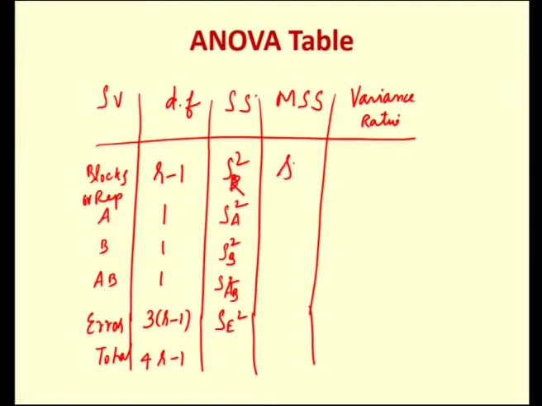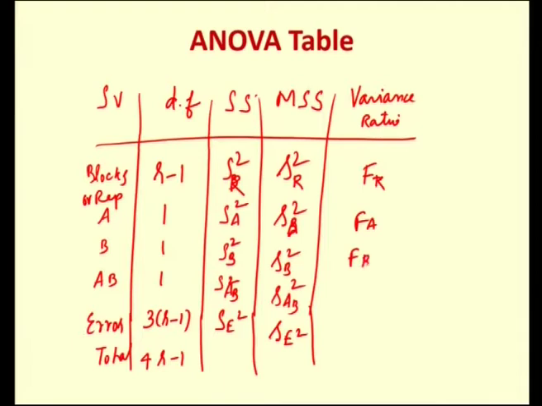So, it is denoted in small letters: small sr squared, small sb squared, small sa squared, small sab squared and small se squared. And we have variance ratio for replicates FR, for the factor A FA, for the factor B FB, and for the interaction we have FAB.